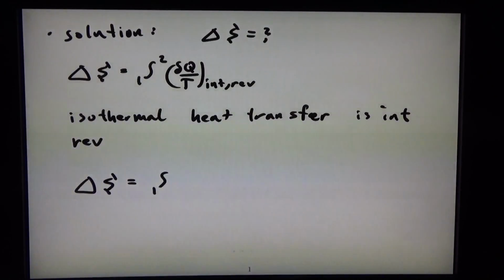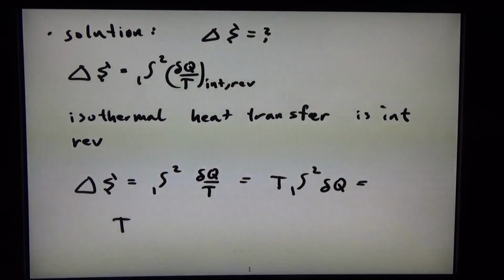Since we have an isothermal process, we can pull temperature out of the integral, and we integrate dQ, which just gives us, sorry, I wrote a mistake here, this is 1 over T. So we end up with the total heat transfer divided by the temperature.